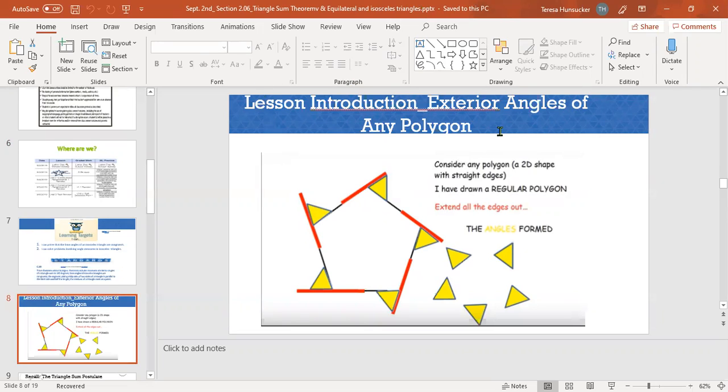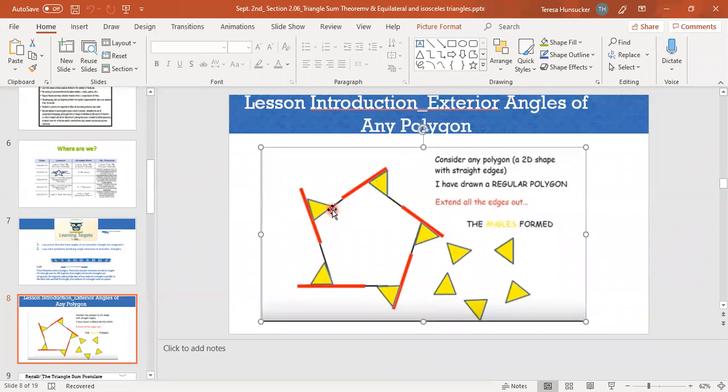We talked about exterior angles in the opening slide. It's really a key concept to section 206. So I'm just going to relate this to any polygon, any figure that has sides and is closed. I want you to notice that the sides of this pentagon are extended.